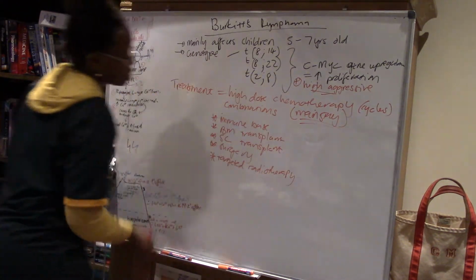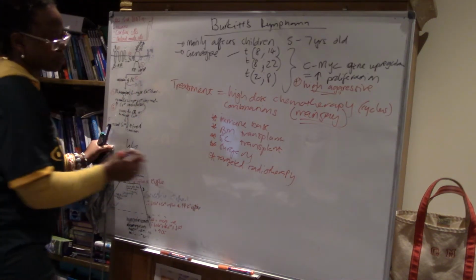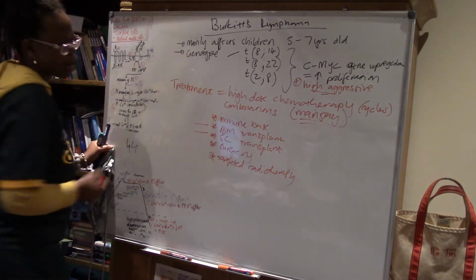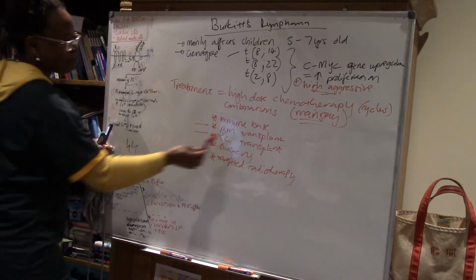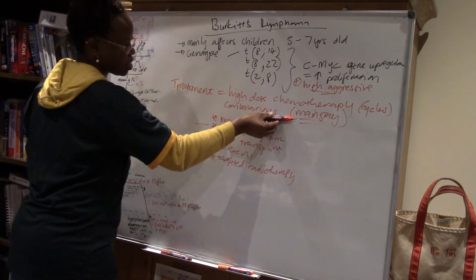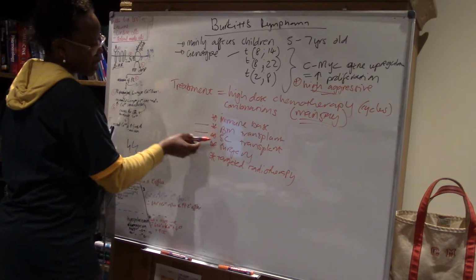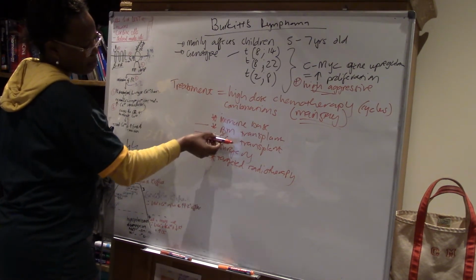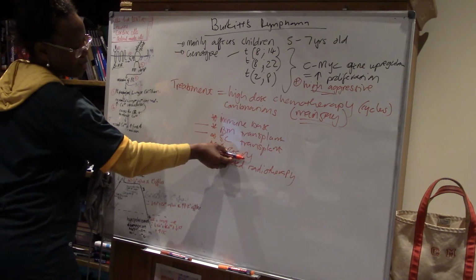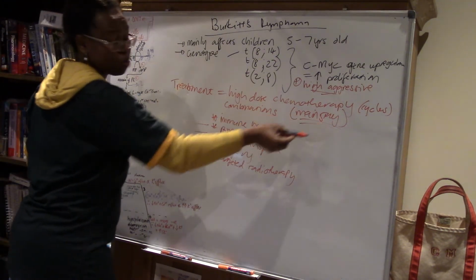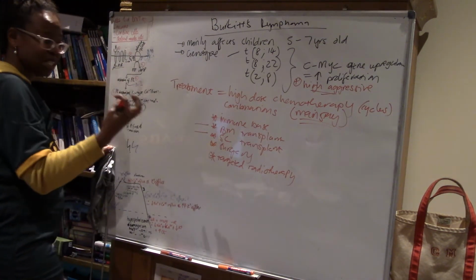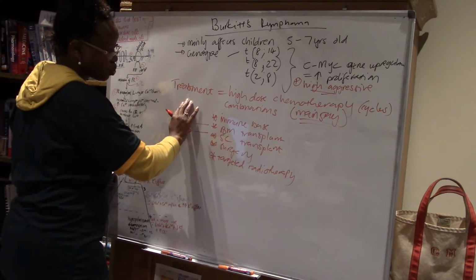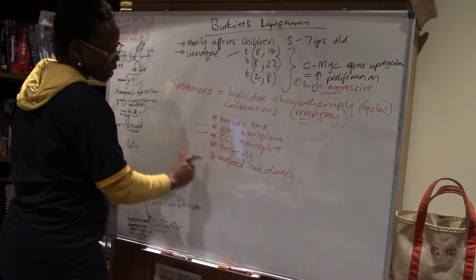All the other ones are not the mainstay treatment. Obviously these ones can be given if it becomes refractory or if there is a relapse, and surgery can then be performed once the tumor burden has been reduced using chemotherapy.